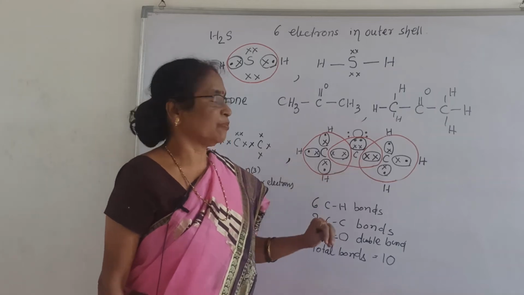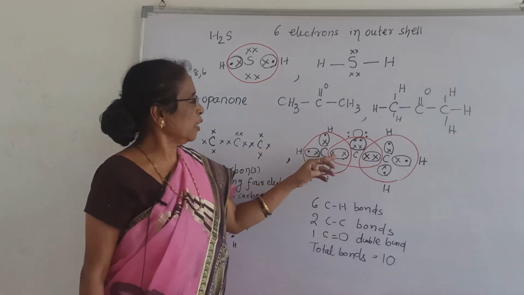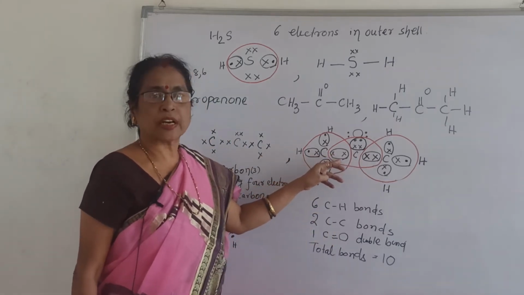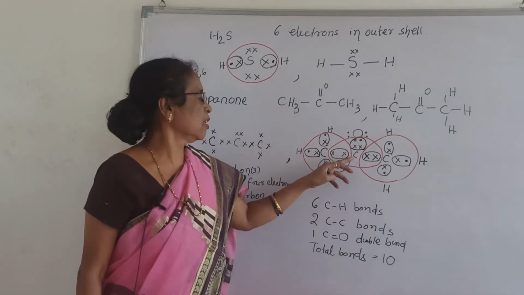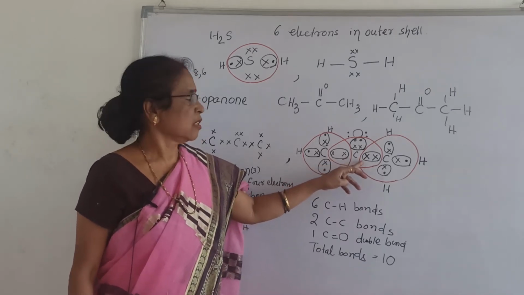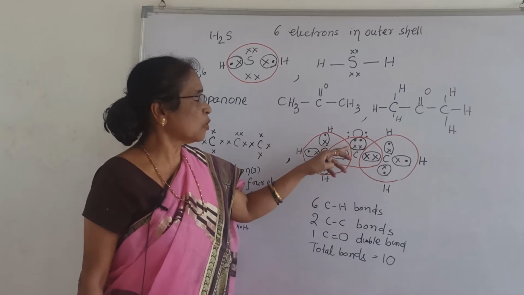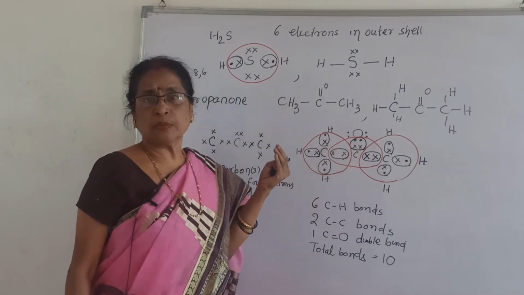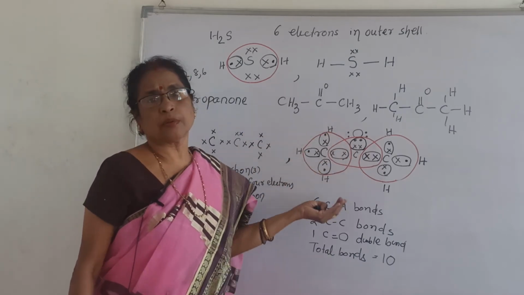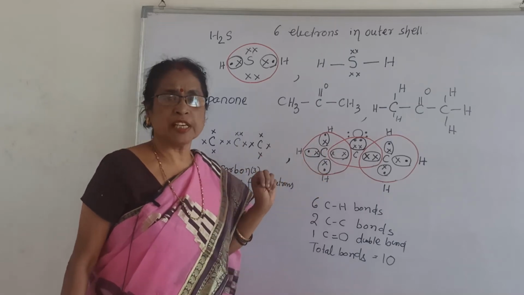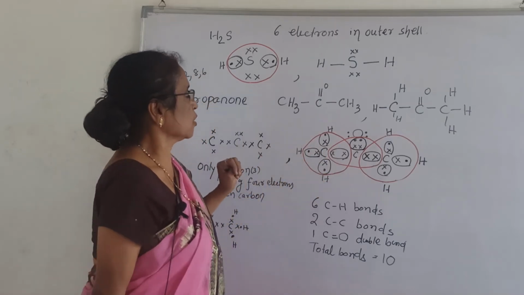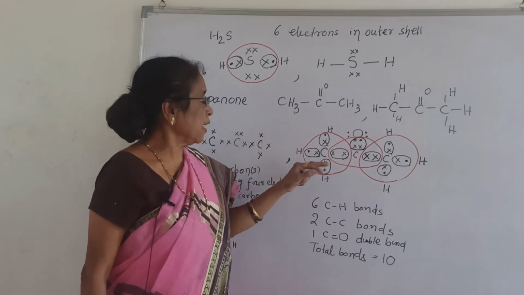And in the middle, a bond is formed between carbon and carbon sharing electrons. Here also between 2 carbons sharing electrons, and here 2 electrons from carbon and 2 electrons from oxygen form sharing of electrons.